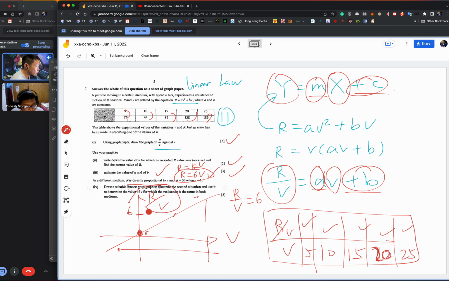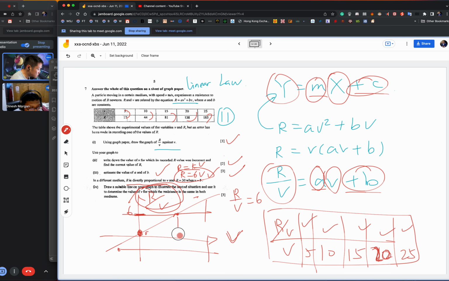Because your graph is R over V against V, you need to somehow tweak it. So in fact, you need to draw R over V equals 6. Basically, you pick 6, and then just draw a line across it.